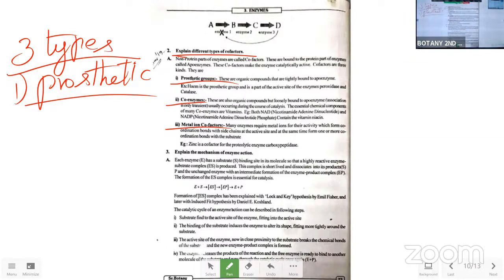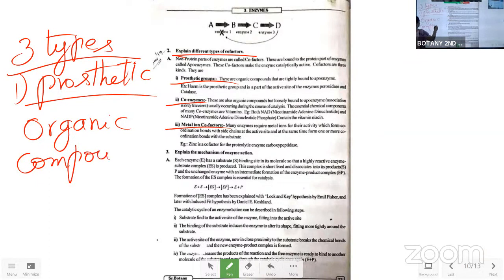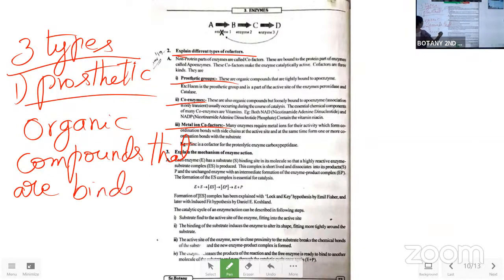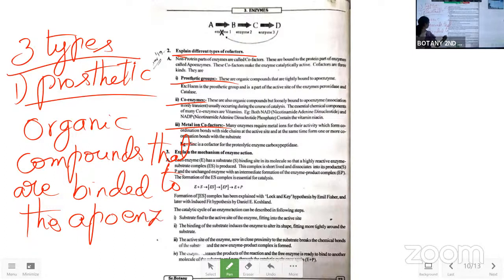Prosthetic group means these are organic compounds that are bound to the apoenzyme lightly, not tightly.